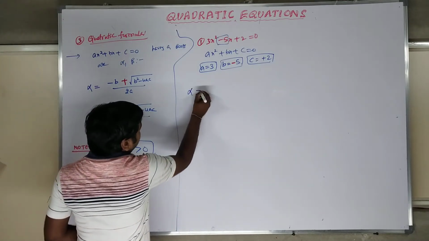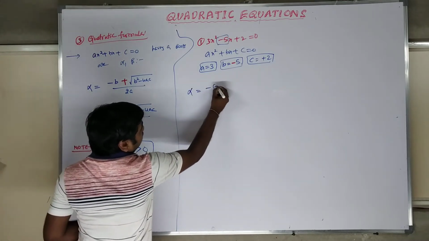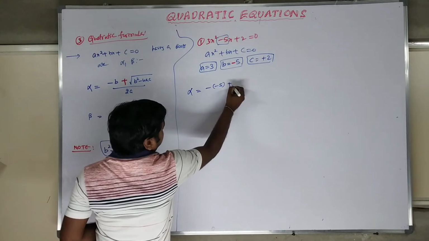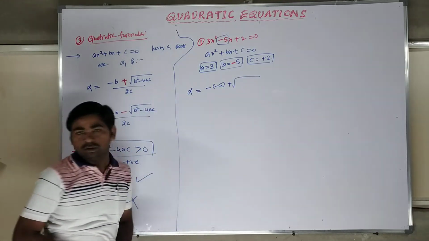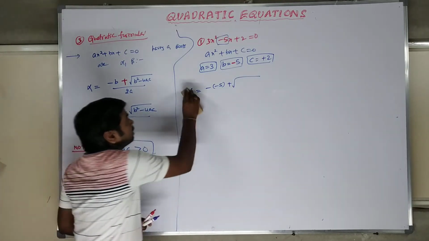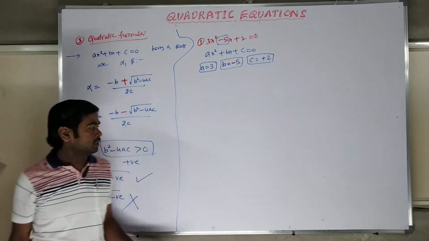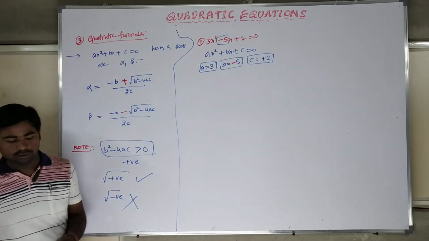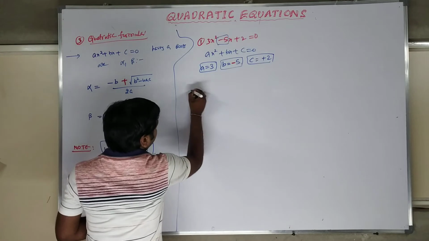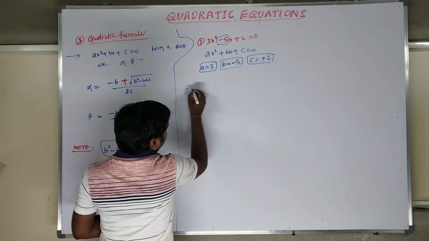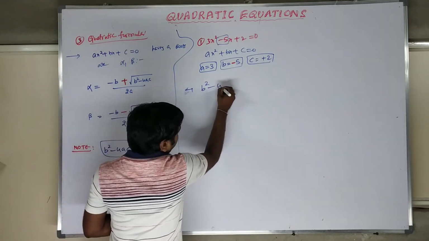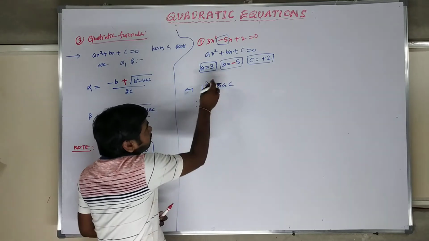So alpha is equal to minus b, minus of minus 5, plus under root of... Sorry for the interruption. When you take the a, b, c values, first find out the condition b square minus 4ac. How much is b square?